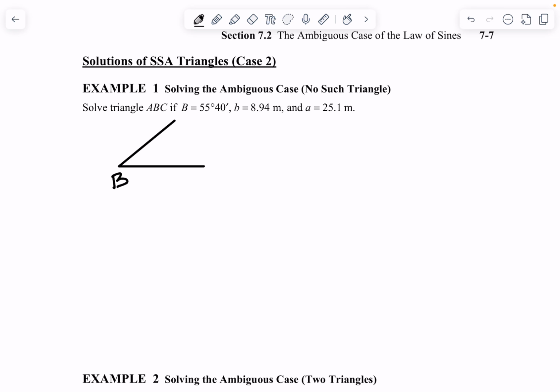We'll call this angle B, making this 55 degrees, 40 minutes. I'm going to finish my triangle here. That makes this side 8.94 meters, and if this is angle A, 25.1 meters, and thus this would be angle C.